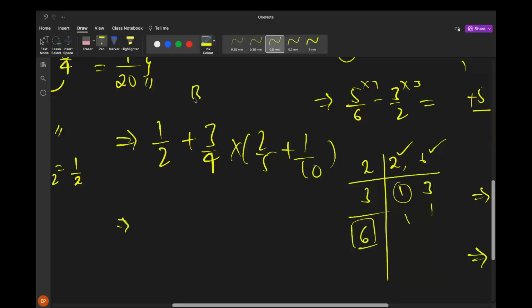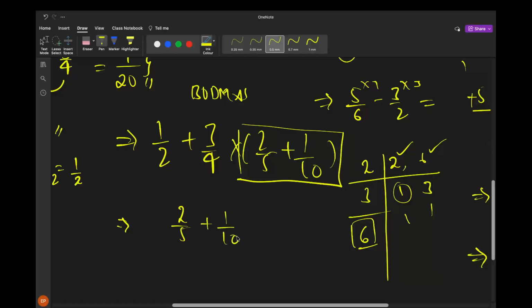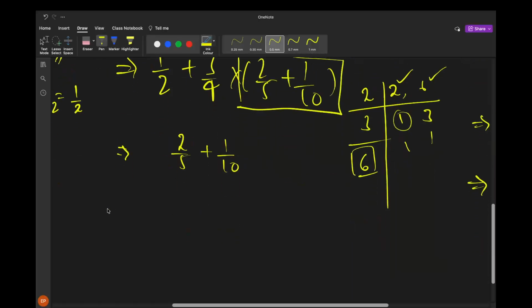See, as per BODMAS, we have to solve the bracket first. So the bracket is here, right, which gives 2 by 5 plus 1 by 10. LCM of 5, 10: 2 5s are 10. Continue the 5, 5 ones are 5. So 2 into 5, 10 is the LCM.